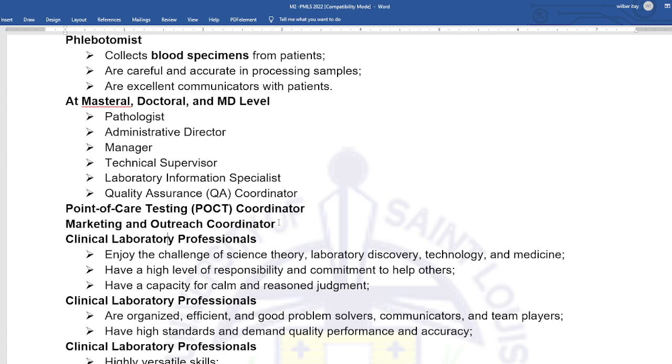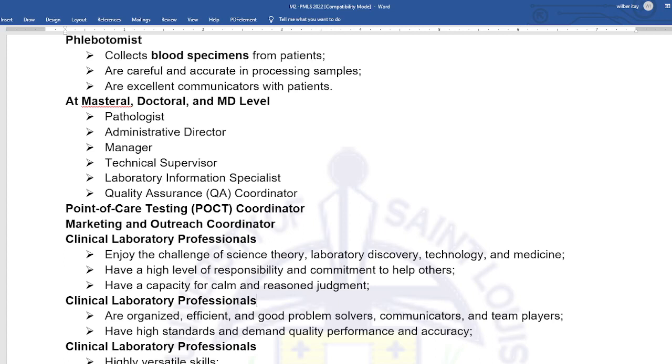So, clinical laboratory professionals, they enjoy the challenge of science theory, laboratory discovery, technology, and medicine. They have a high level of responsibility and commitment to help others, and they have a capacity for calm and reasoned judgment. Okay.